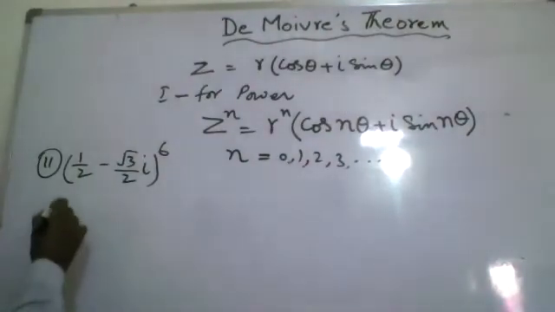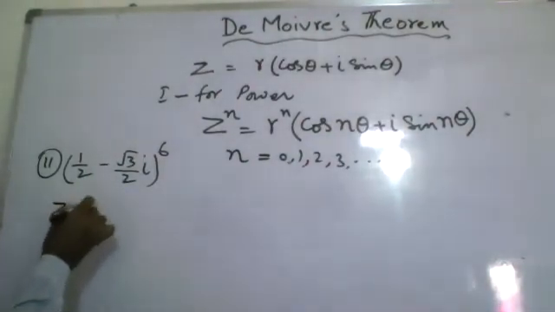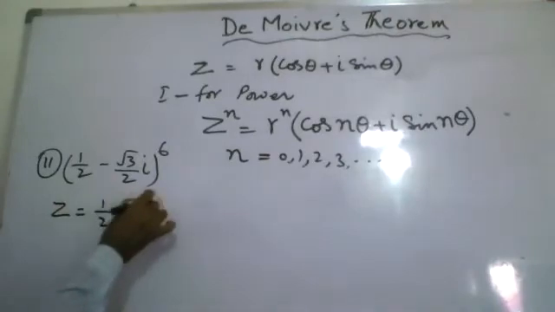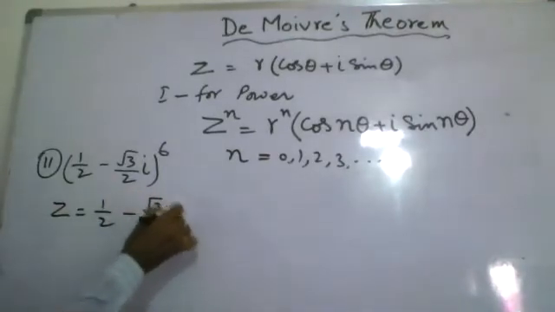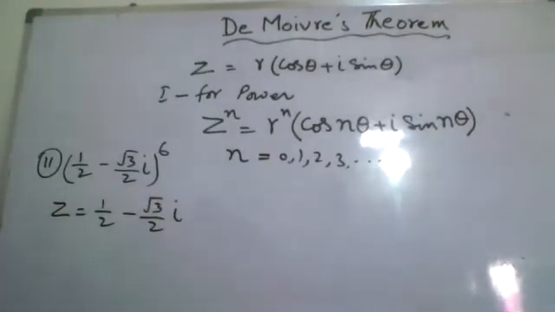So Z is equal to 1/2 − (√3/2)i. This is Z. We have to find Z to the power 6.